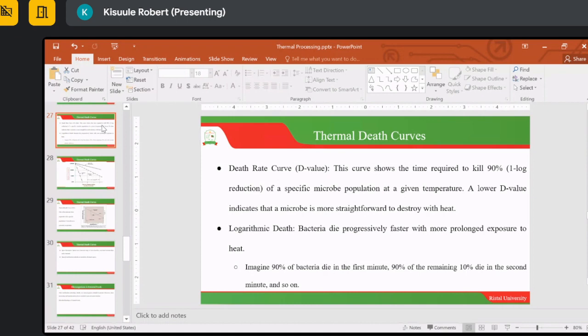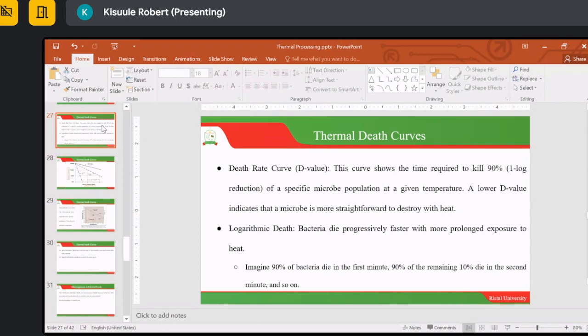So this is our D value. The D value is the time it takes for us to eliminate 90% of the bacteria.